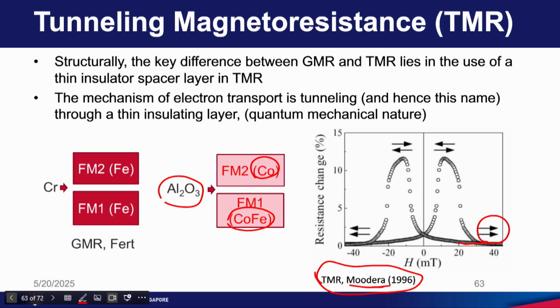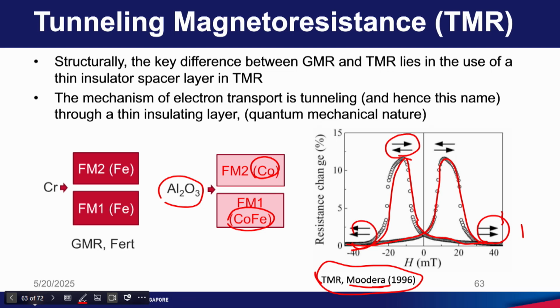When you go towards lower field on the other side, one of the layers flips its magnetization, they become anti-parallel, and the resistance is high. If you apply a larger field they become parallel again and the resistance becomes low. So, this is the path of this curve. Similarly, if you go from this side to the other side, you will have this curve.